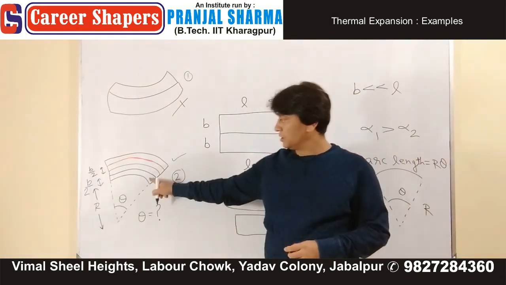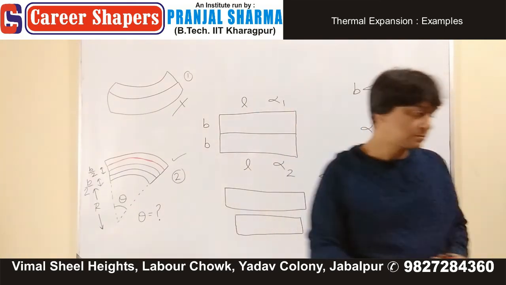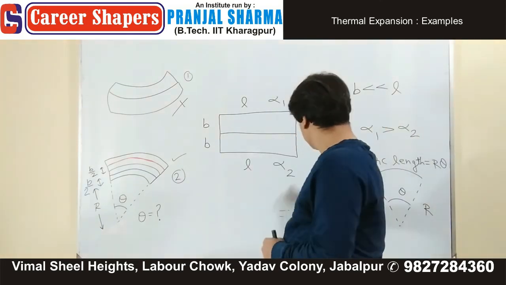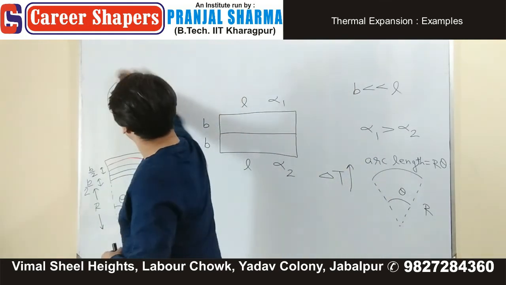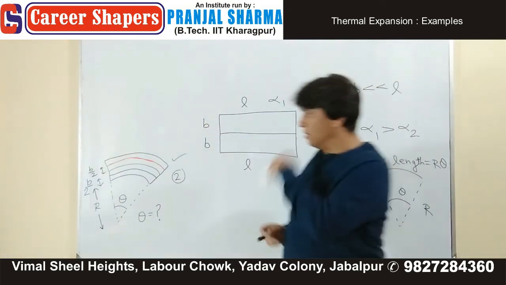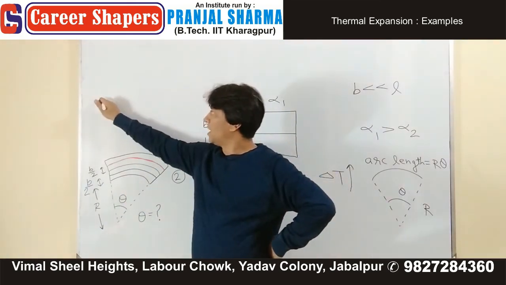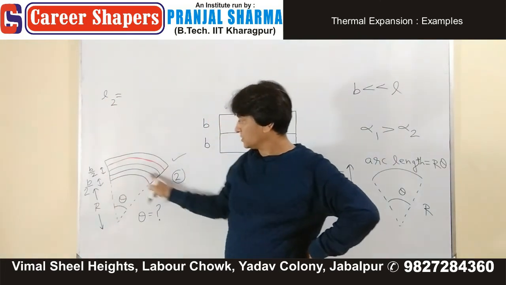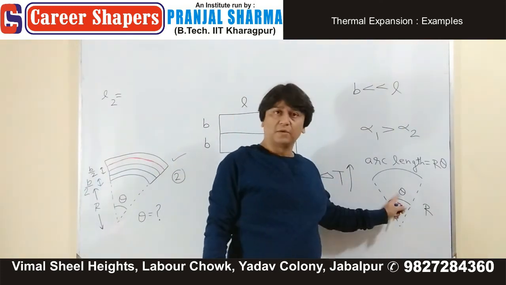So the second rod, its final length L2, for this one, this length L2 is what? Radius multiplied by the angle.